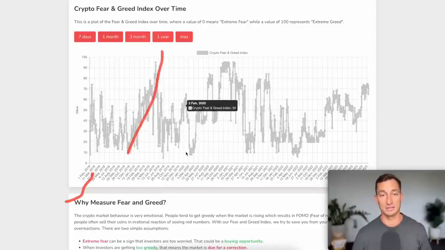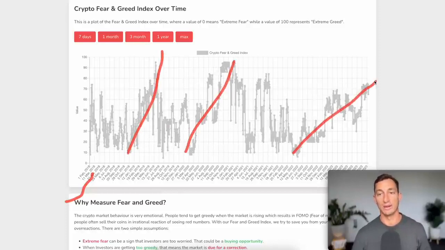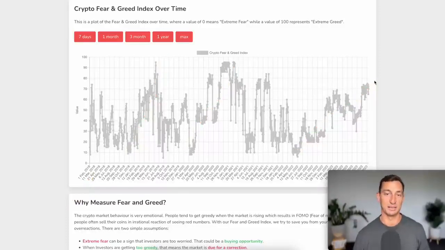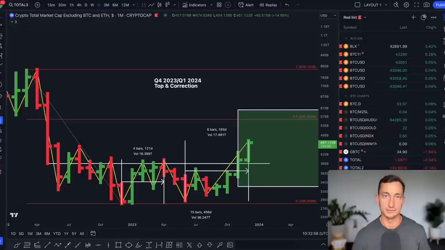So you had 6 months, you had 10 months, and now we've got 18 months in a move to the upside. So this weighs a lot in the market sentiment for me, which I think eventually needs some time to rest and come back down to scrape out the greed in the market.